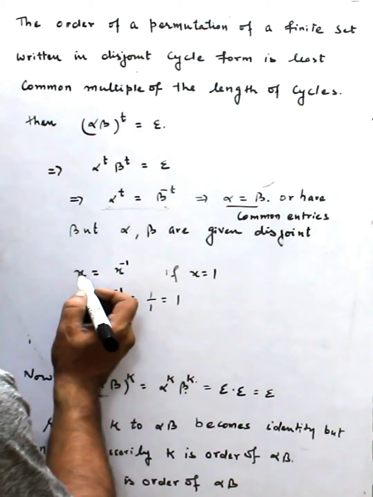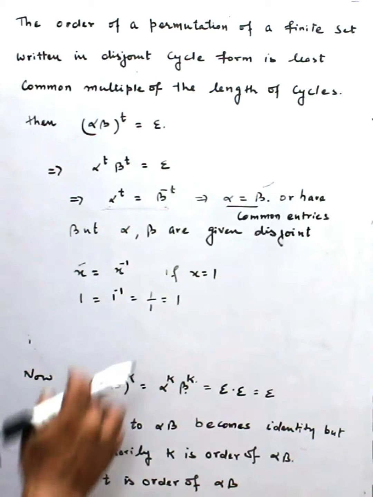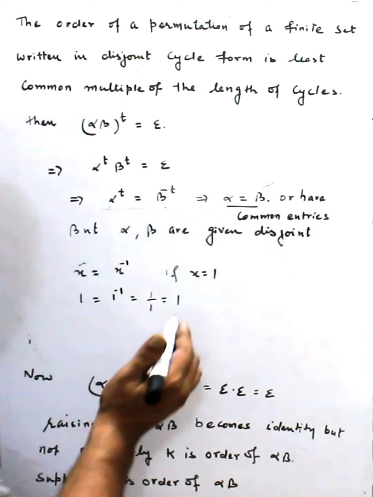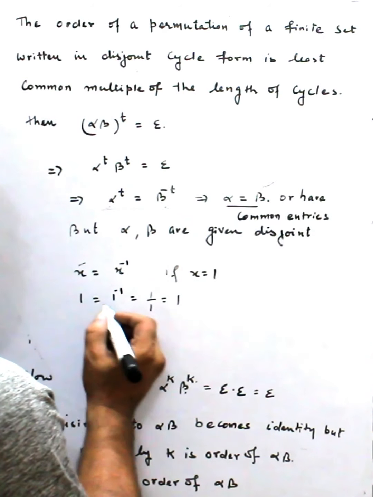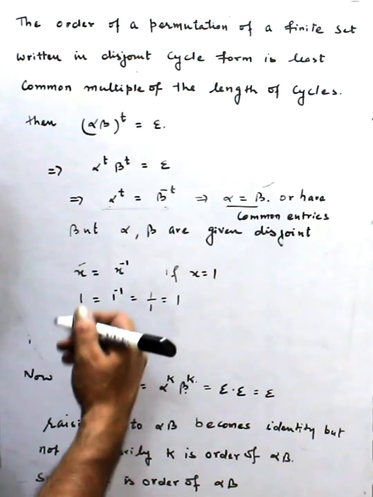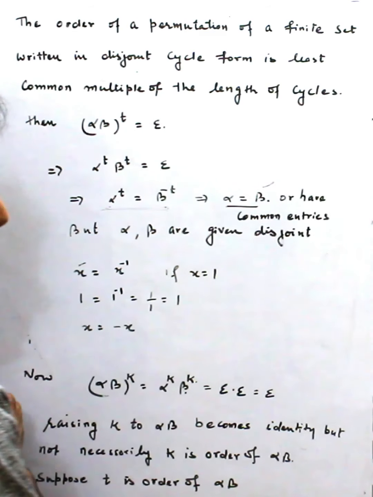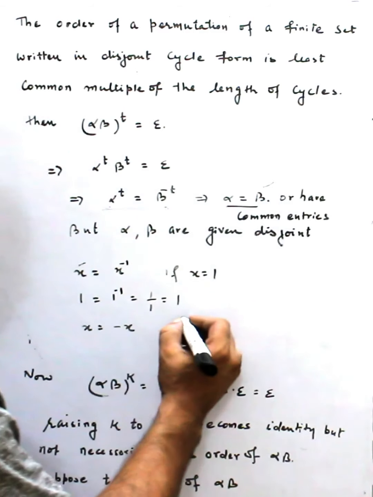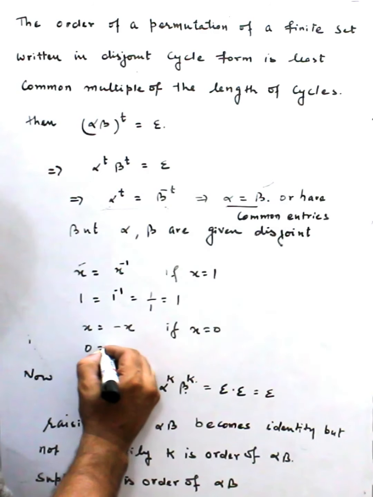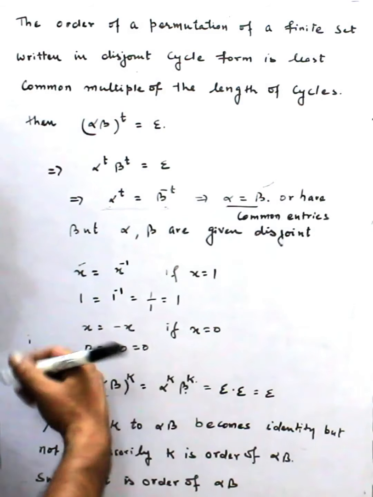The same, a number is equal to its inverse if it is identity, we can say in general, but not in a finite group. But this is the multiplicative inverse I am talking about, and in case of additive inverse, x equal to minus x, if x is equal to 0, then 0 equals minus 0, because 0 is not negative, so it is actually 0.